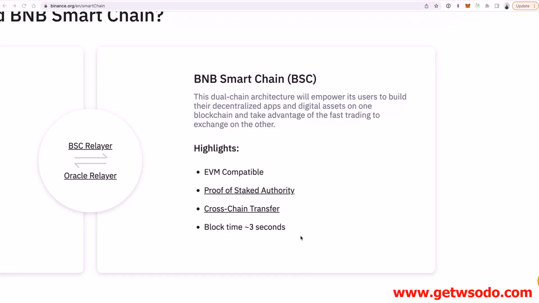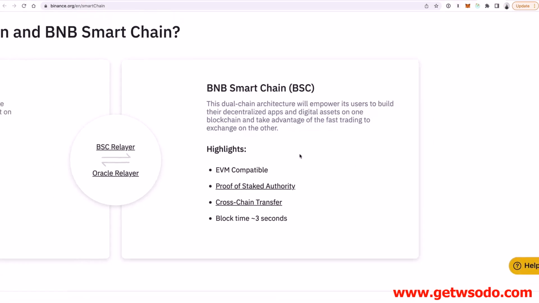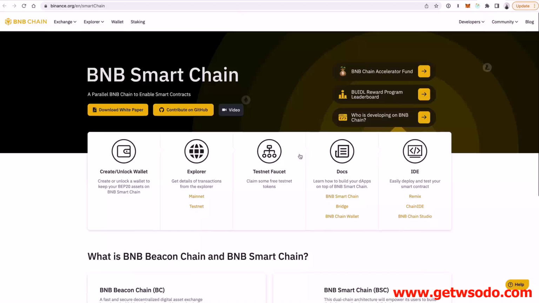All of the transaction fees or gas fees on Binance Smart Chain are paid in the BNB token, so not Ether. That's pretty typical across EVM compatible chains: they use their own unique cryptocurrency to pay the fees. But the big benefit here is that if you can write programs with Solidity for Ethereum, then you can also write them for Binance Smart Chain with minimal changes, if any.